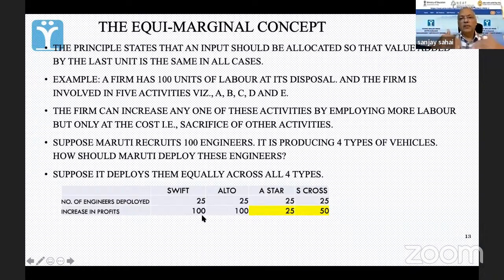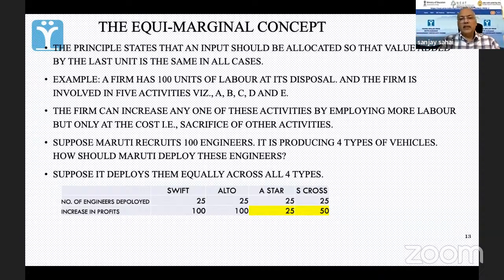I'm cutting out the steps in between, which would have been an increase in the sales of this particular car. As a result of that, you get more profit. So the sales of Swift and Alto increase, and Maruti ends up with an increase in profits of 100 in the case of Swift and 100 in the case of Alto.